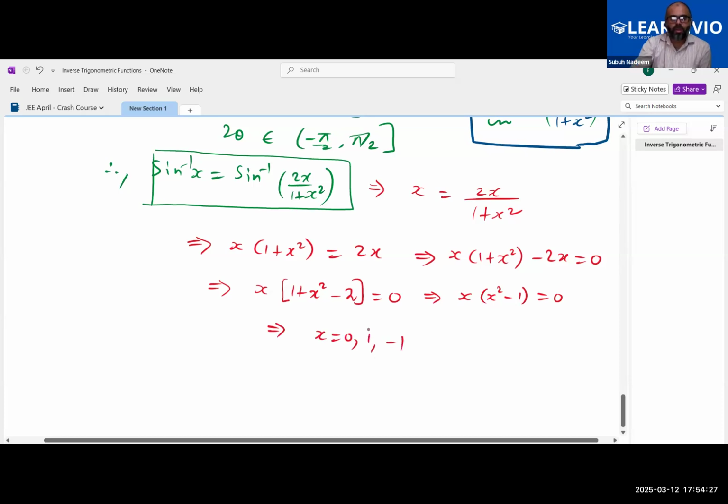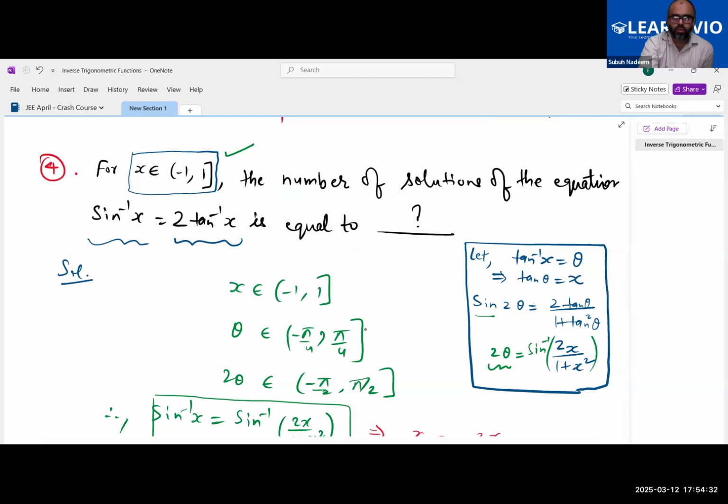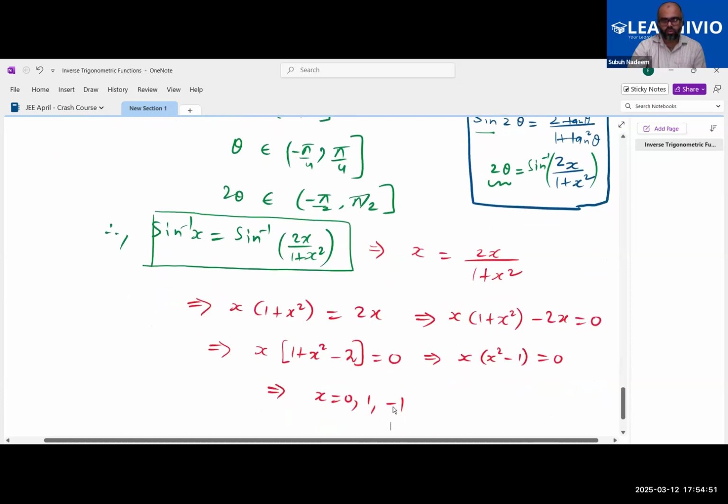plus 1 and minus 1. But in the question, it is given that minus 1 is not included. They could have taken minus 1 included also, but there is one more purpose of taking minus 1 not included: a student should watch it clearly, and not just write that there are 3 solutions.